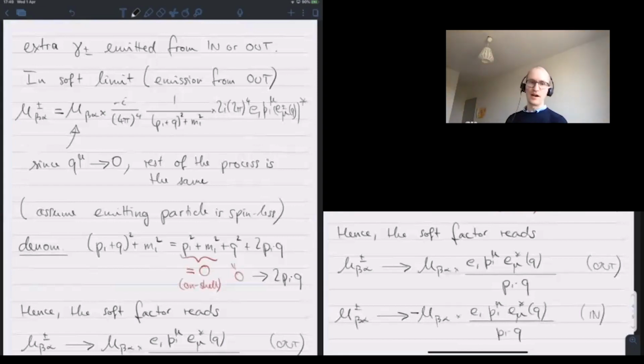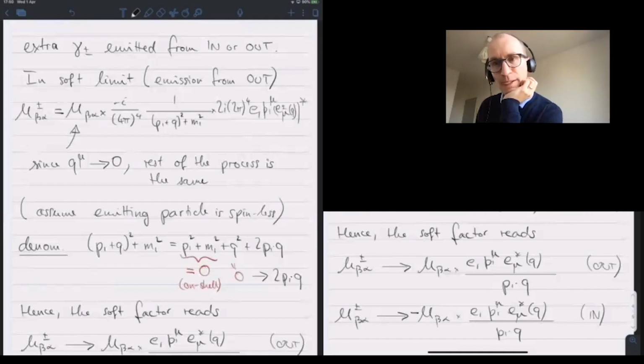And notice that I'm calling the momenta both P1 here. Obviously, you just put whatever momentum label corresponds to the particle from which the emission happened. Okay, that's the point. All right, so these are our in and out soft factors.